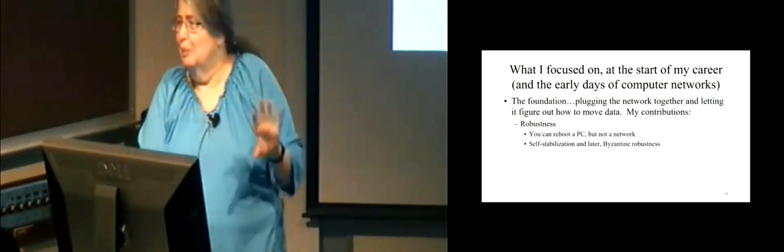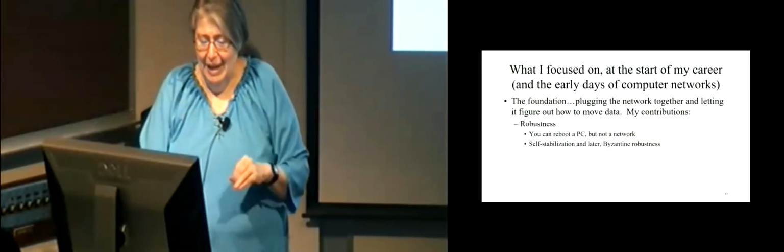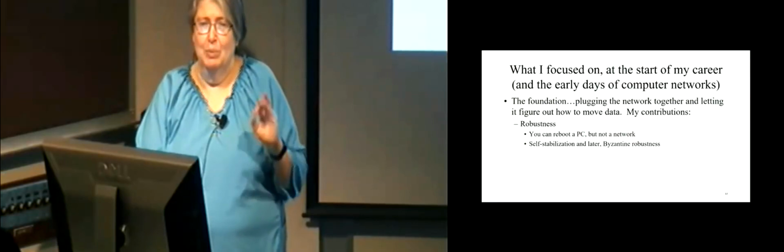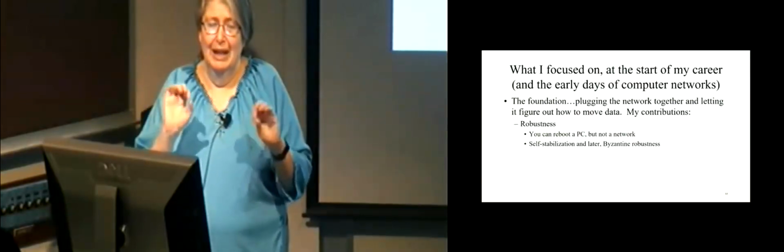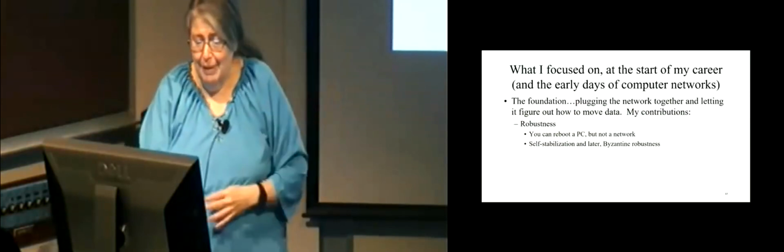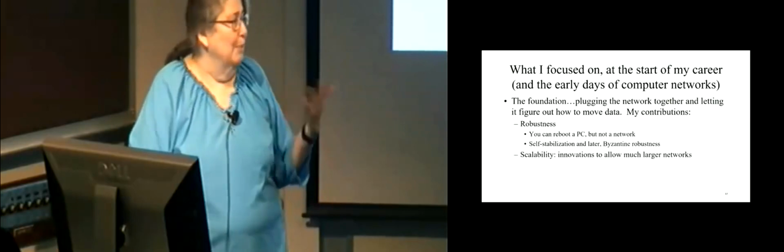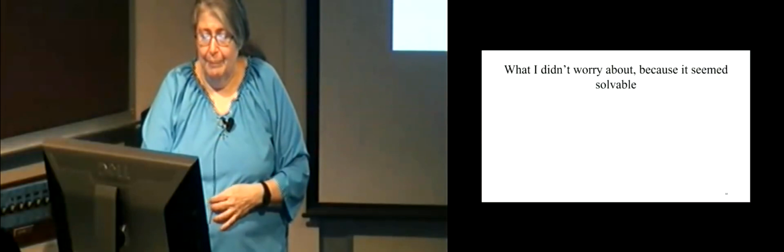And I said that's not a good way for networks to behave. You can reboot a PC, you can't reboot a network. And then later on, I did what I called Byzantine robustness, which is that the network should still work even if there are active malicious trusted switches in there. And I did innovations to allow much larger networks and making them more manageable and usable.